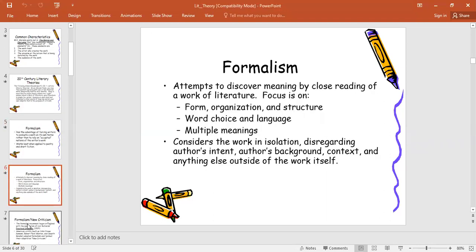What is formalism? Here we have more clarification or explanation of formalism. It attempts to discover meaning by close reading of a work of literature.